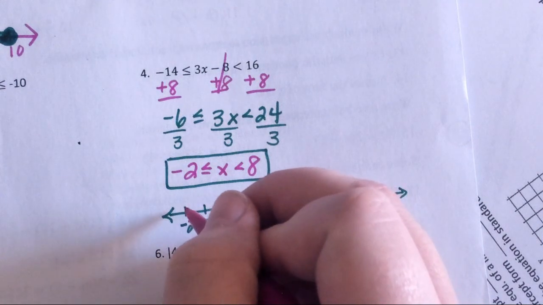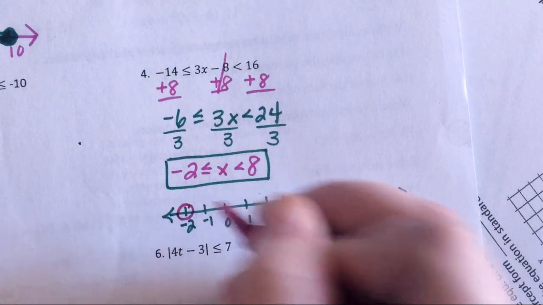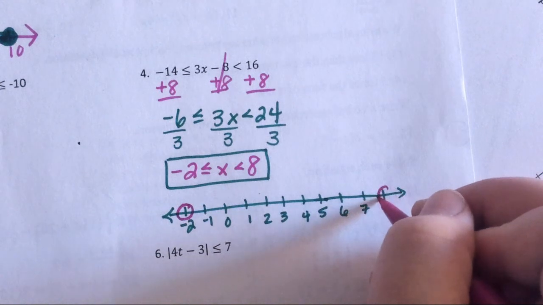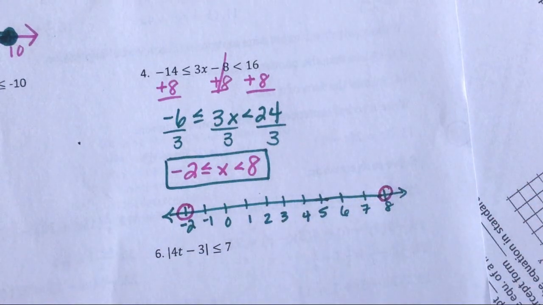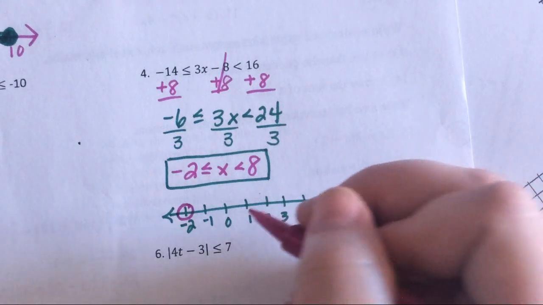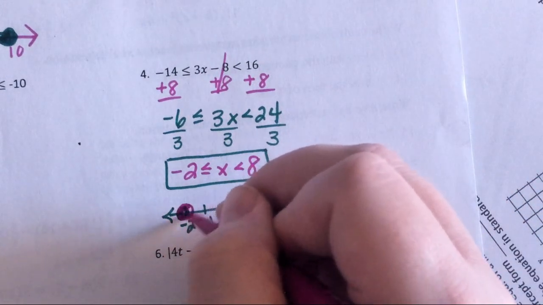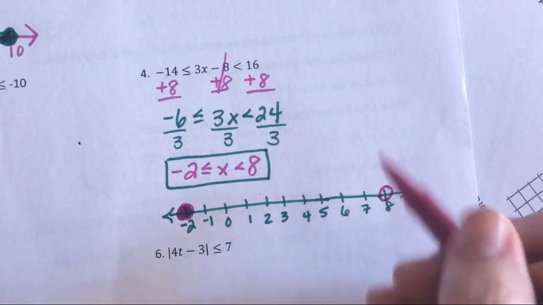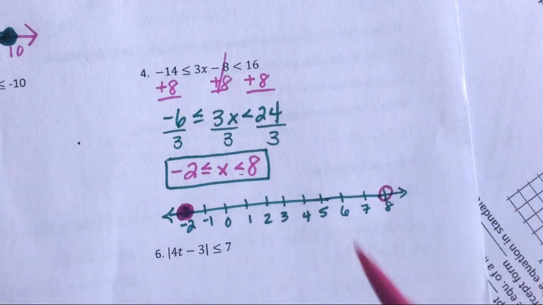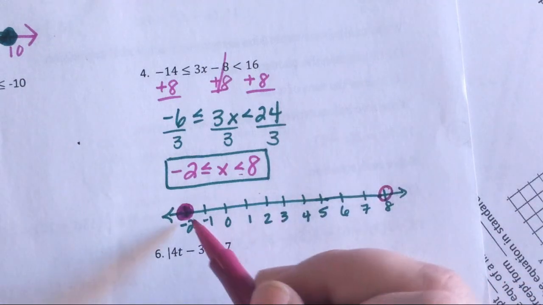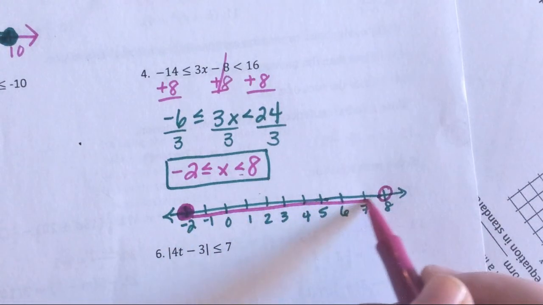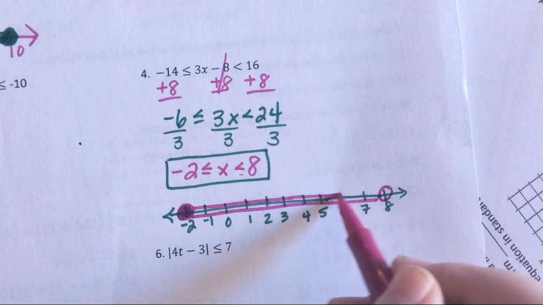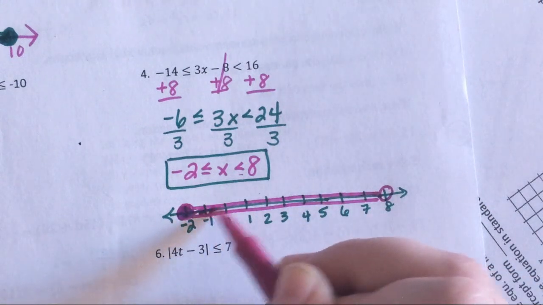So I go to the -2. I go to the 8. I get to fill in one of these bubbles. I get to fill in the -2. I don't get to fill in the 8 because it wasn't equal to. It's just less than. And I'm going to shade everywhere in between.